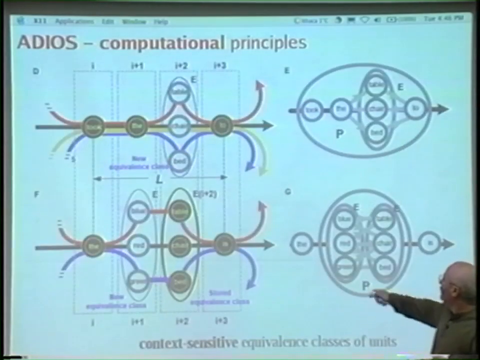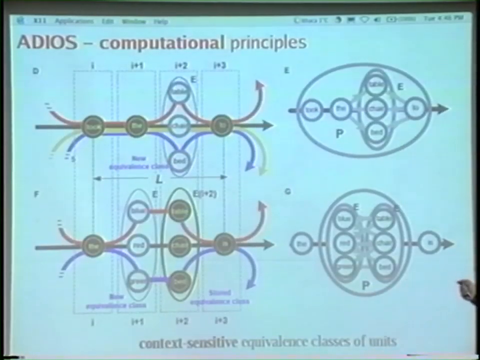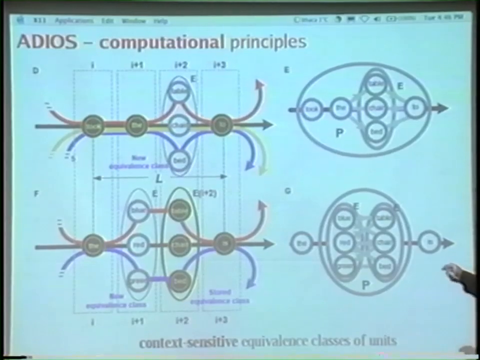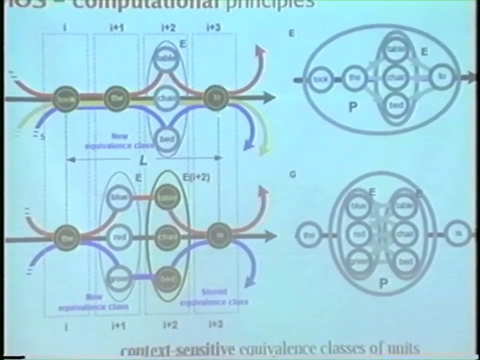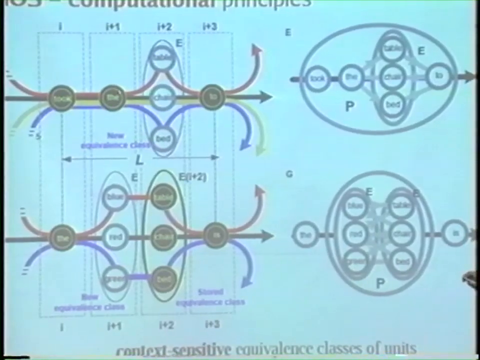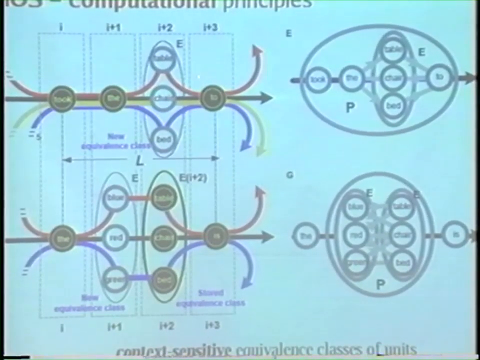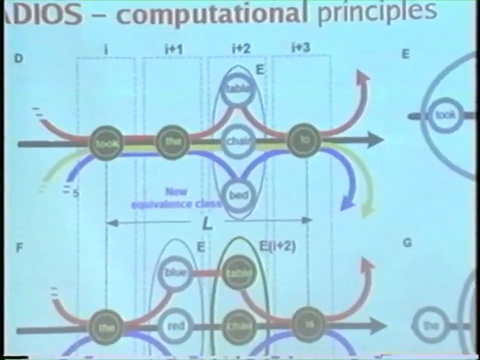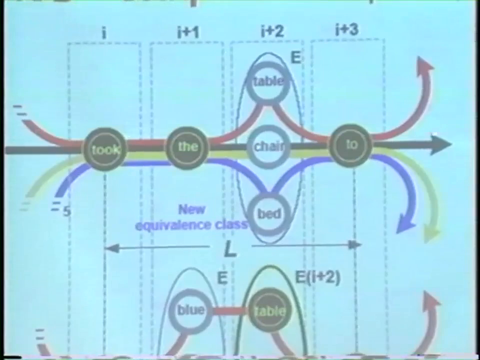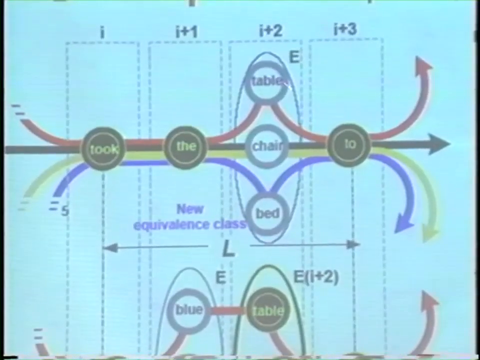Now, this is again a complicated diagram. Let's take the pictures here one by one. Here on the left top side, we see a pattern, "took the something to," and we see a bunch of units here that are once removed from the original task path. Now, this bunch of units are about to become an equivalence class.